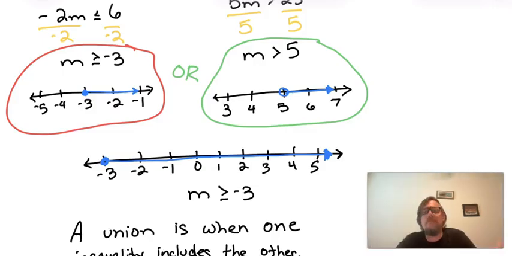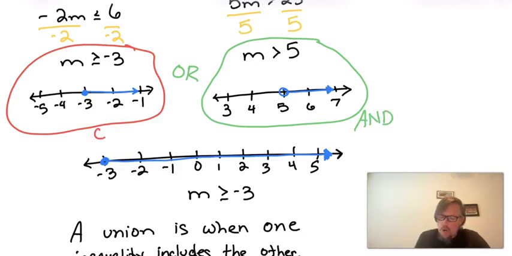OR is just whichever one includes them both, and AND is the most restrictive one, meaning only the spot where they overlap. So AND would be this side, OR would be this side. And since the problem was an OR problem, that's why it's greater than or equal to negative 3.